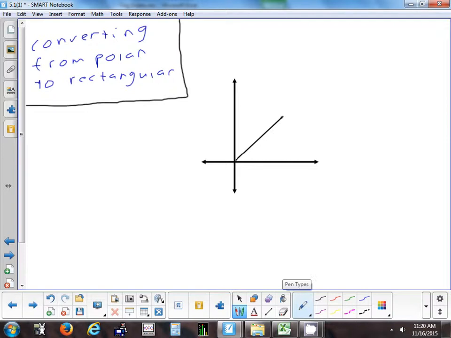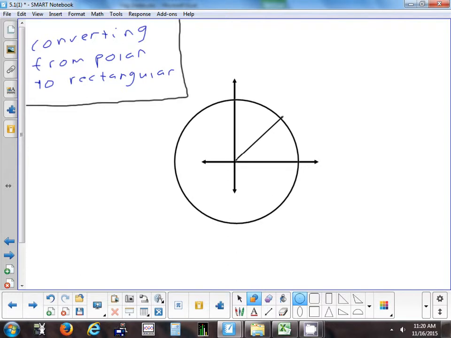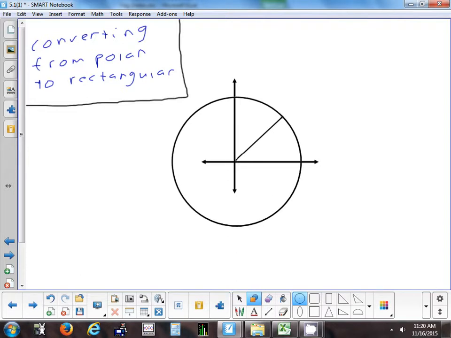Okay, that point has a distance to the pole. What do we call that distance from the point to the pole? Not the slope. Radius. Yeah, that's your radius. If you wanted to think of it on a circle, it would look like this. It's the distance from the point to the pole.